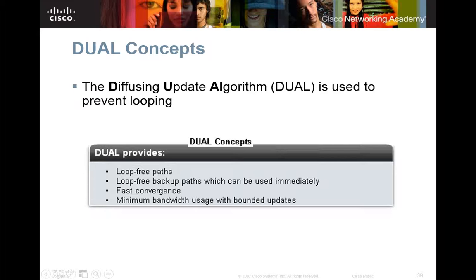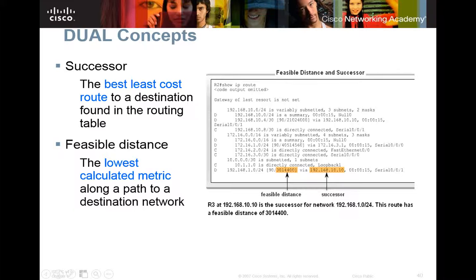DUAL, the Diffusing Update Algorithm, is used to prevent loops, right? Loop-free paths, loop-free backup paths, fast convergence, minimum bandwidth. All sounds good, right? Successor: the least cost route to the destination found in the routing table.